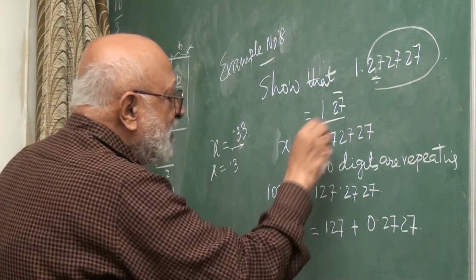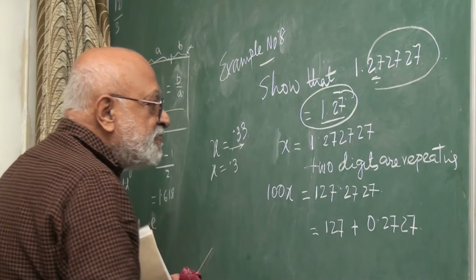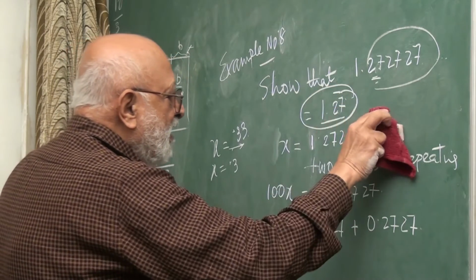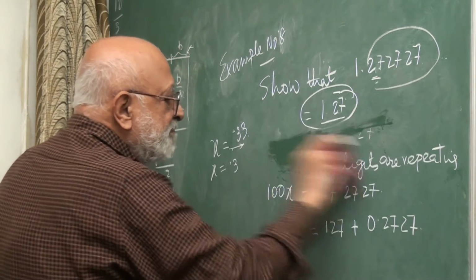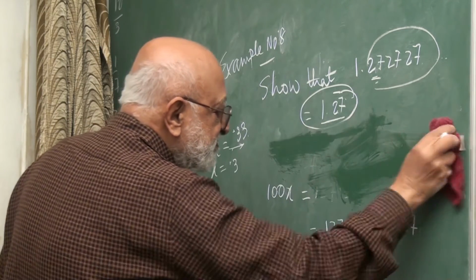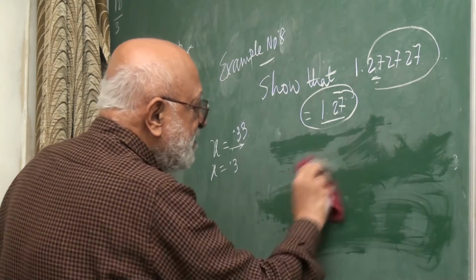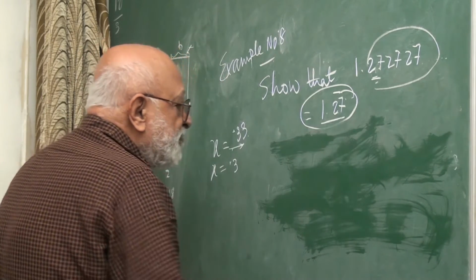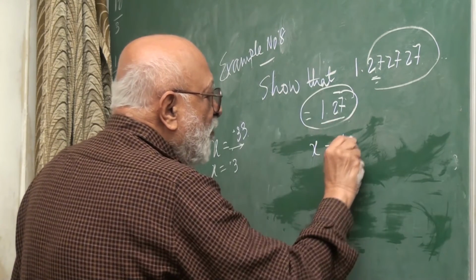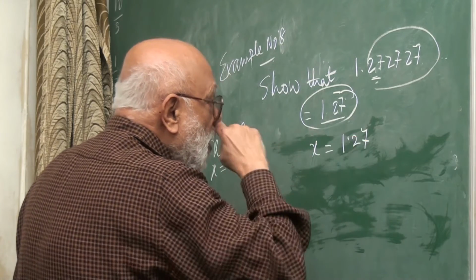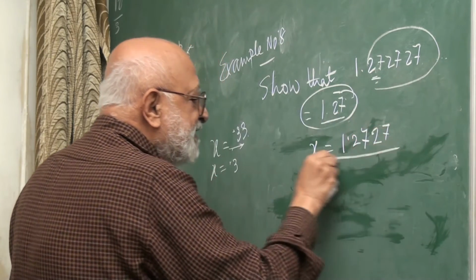This time I have to take x equal to the whole thing, 1.27 and then 27. This is your x.